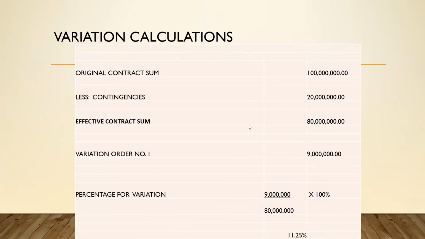Then from the brain teaser, we have VO number 1 as 9 million. So working out the percentage, which is the 9 million over the effective contract sum, gives us 11.25%. So with this percentage, we must seek the employer's approval to issue VO number 1.